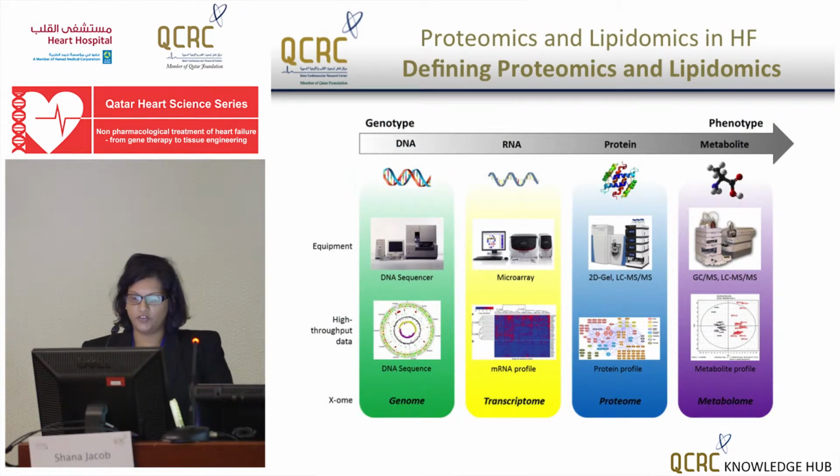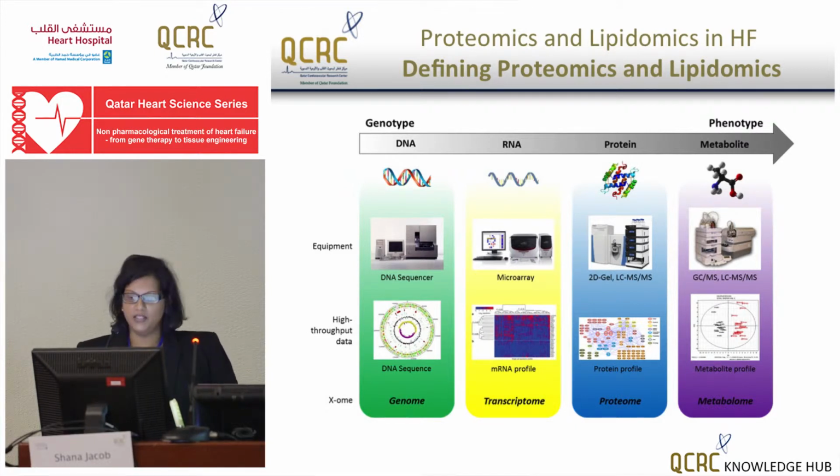So in the study of an organism's genotype and phenotype, we look at DNA, RNA, protein, and metabolite. After the studies of genomics and transcriptomics, we have the areas of proteomics and metabolomics.